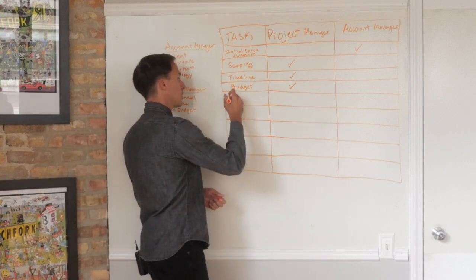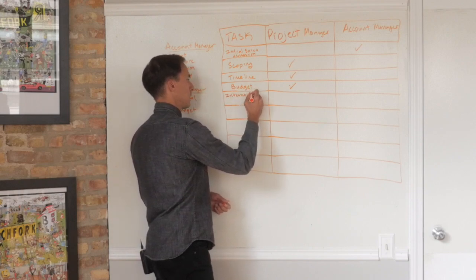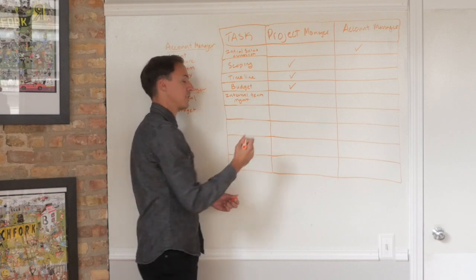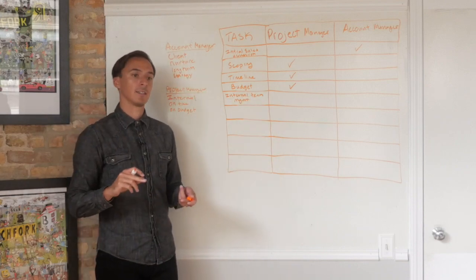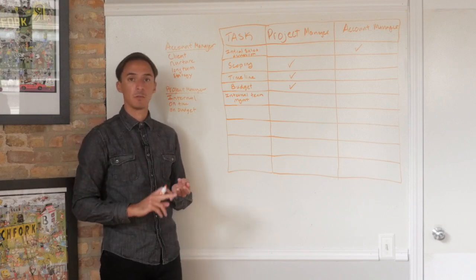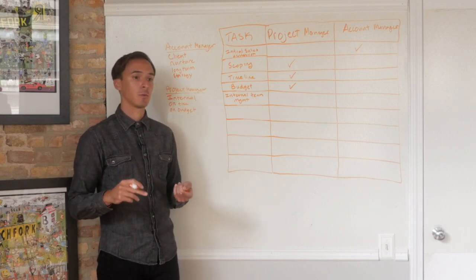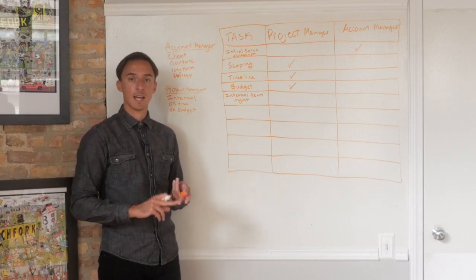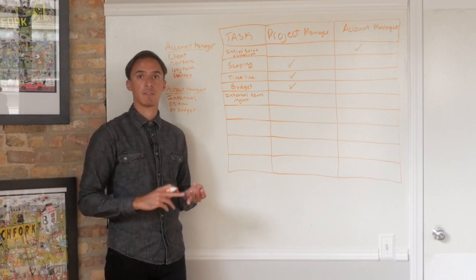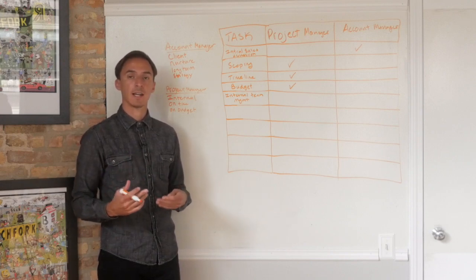Then there's internal team management. So what does this mean? Internal team management is the day-to-day management of tasks and team, scheduling internal meetings, scheduling internal review sessions. This is something that has to happen to make sure that the team knows what's going on, what the status is of the project, that they can provide updates, communicate to the larger team if they need specific deliverables in order to complete tasks.